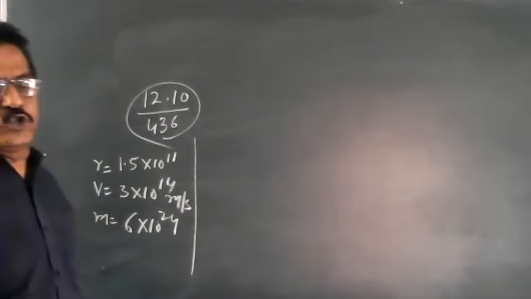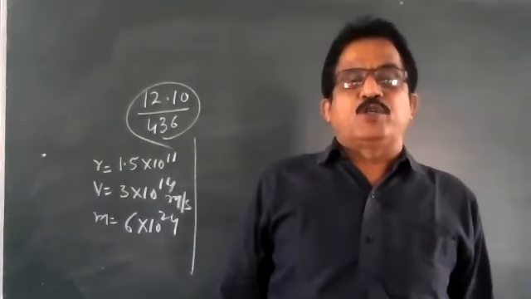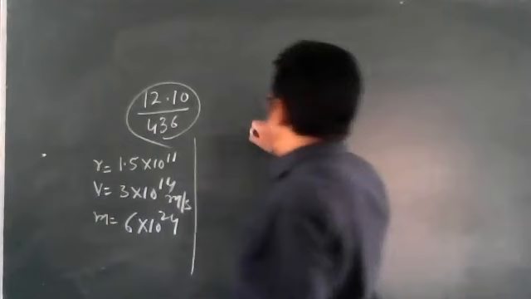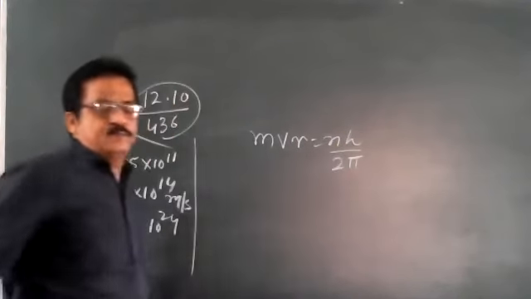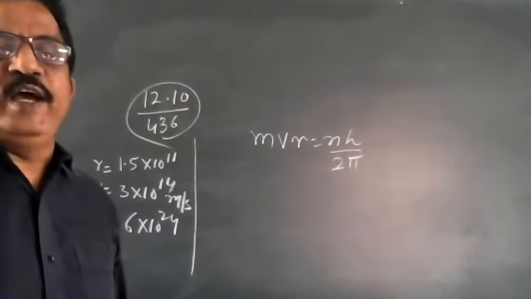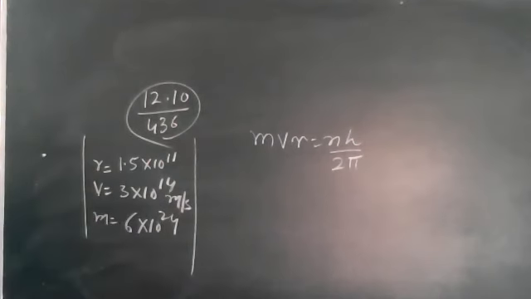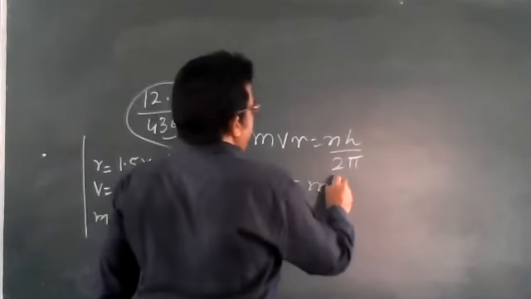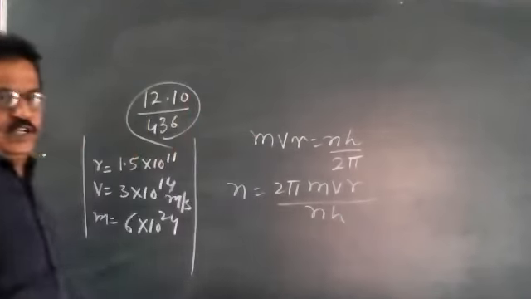What is our second postulate? That is mvr is equal to nh upon 2 pi. We have to find n. So n is 2 pi mvr divided by h.